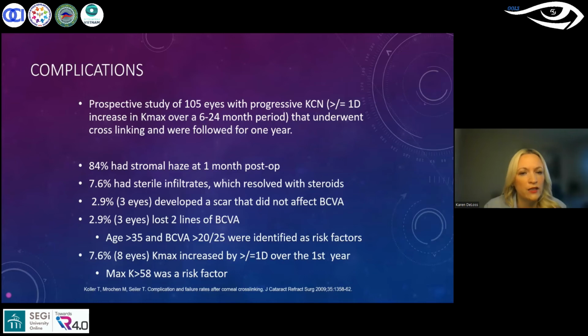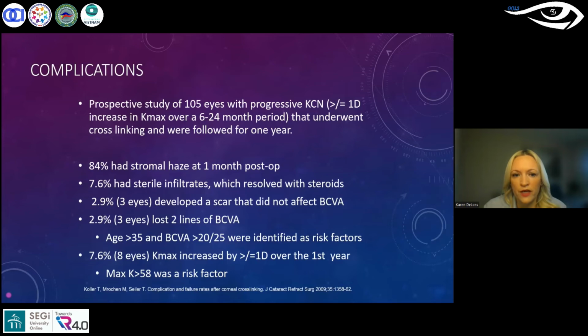I'm not clear on the amount of stromal haze and whether it was able to be treated with topical steroids. Sterile infiltrates and scar developed that didn't correct the best corrective visual acuity. 2% to 3% lost 2 lines of best corrective visual acuity.